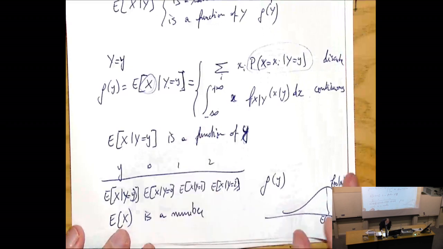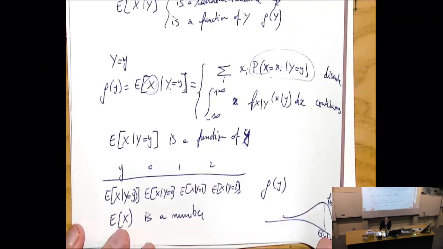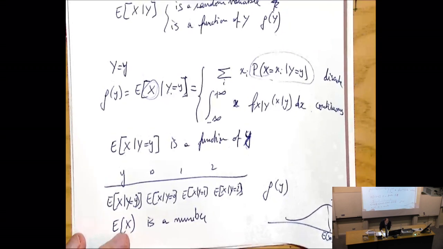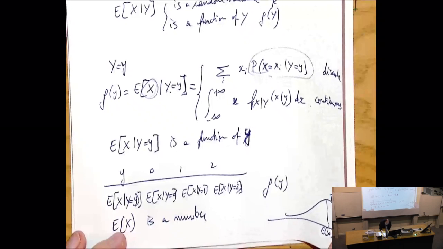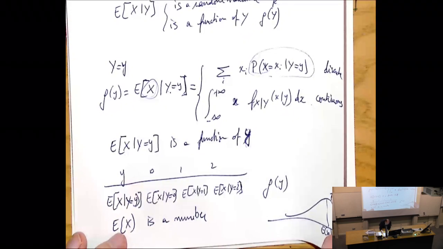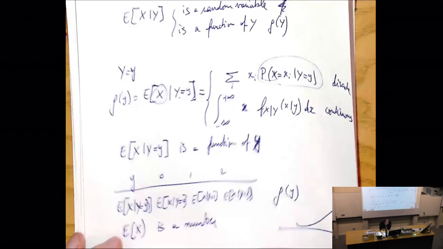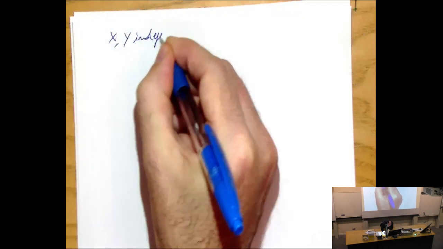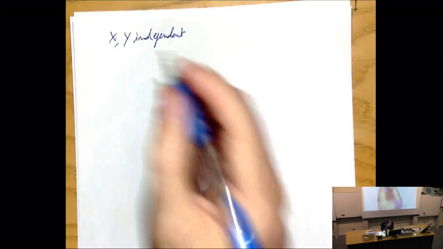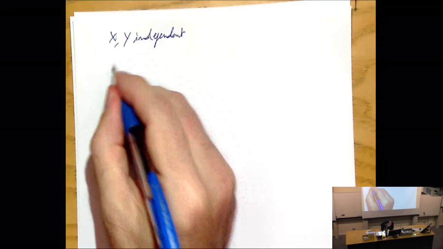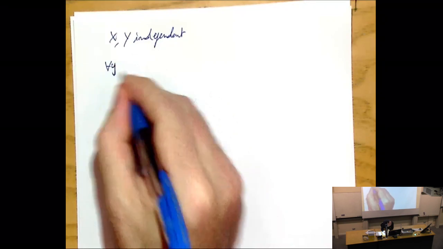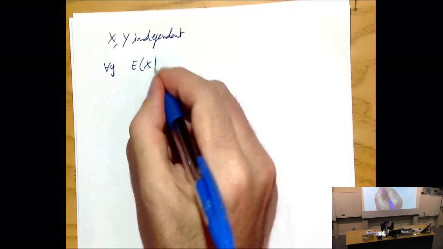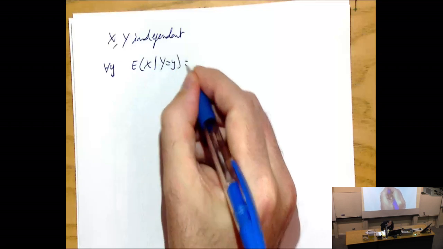So we're going to play with this for the remaining 10 minutes today, and then we're going to continue next week. So what's happening if X and Y are independent? Imagine that X and Y are independent. I'm taking a certain y, for all values of y, and I'm looking at the expectation of X given that Y is equal to that value.